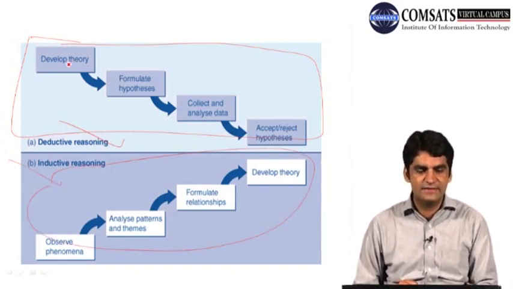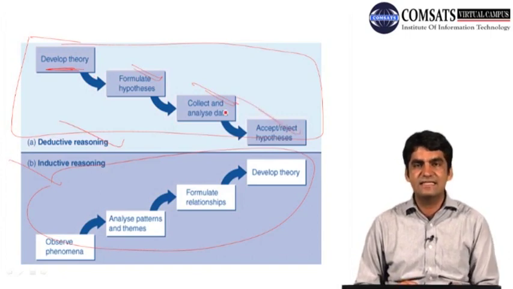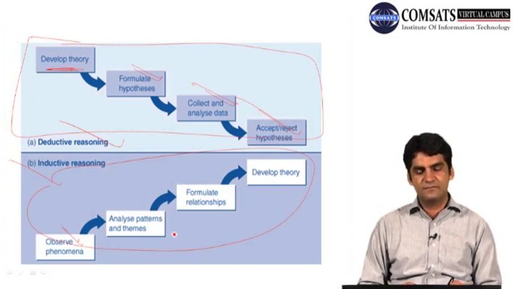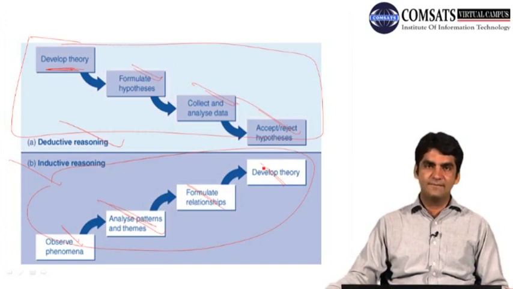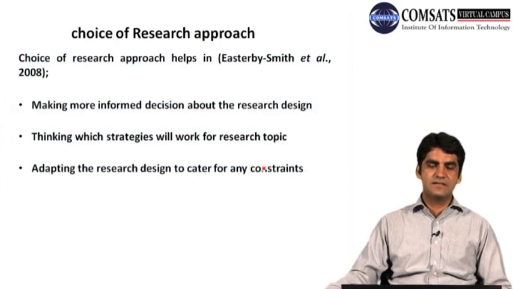Deductive reasoning starts from a developed theory where we formulate hypotheses, collect and analyze data, and then accept or reject the hypothesis. While inductive reasoning starts from observing a phenomenon, analyzing patterns and themes, formulating relationships, and then we try to develop a new theory. So this is how deductive and inductive reasoning are different from each other.